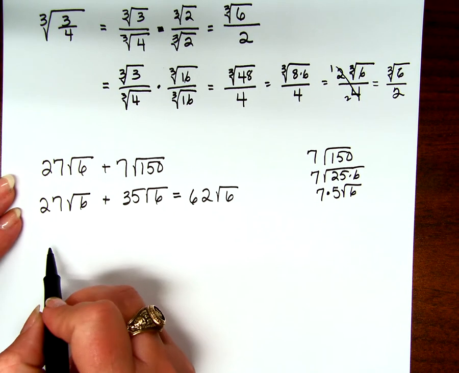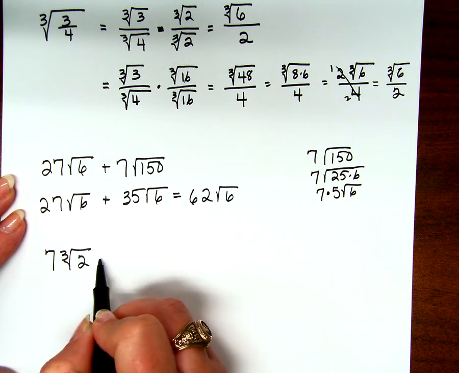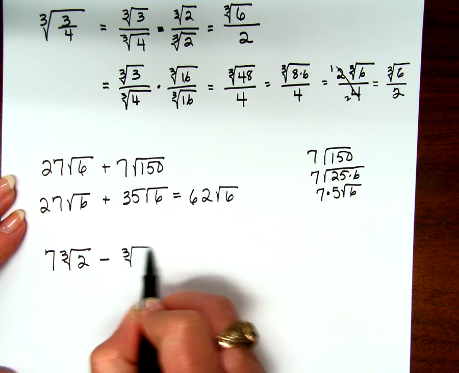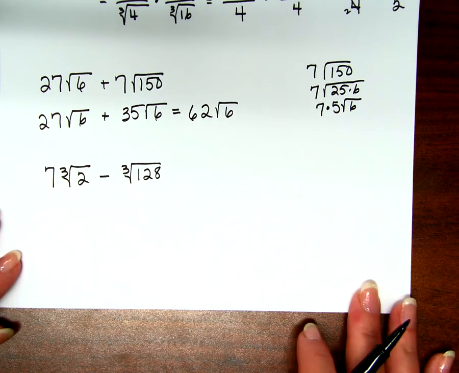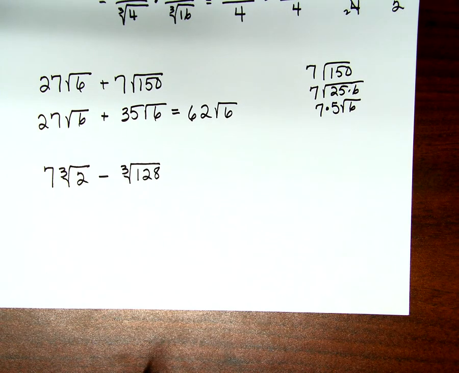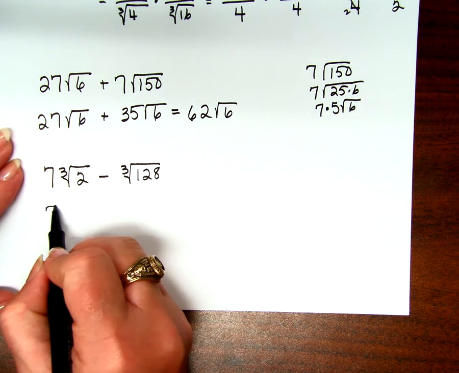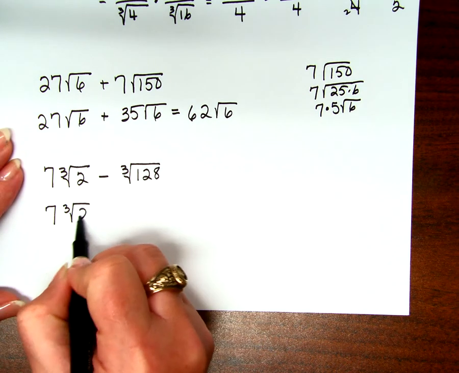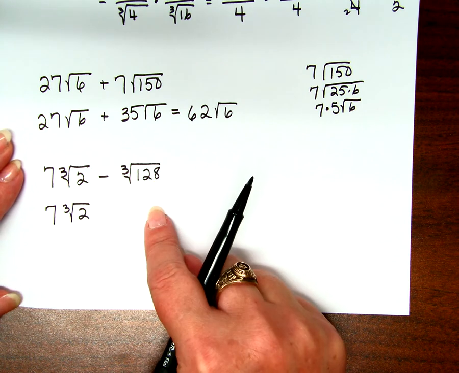What about this one? 7 cube roots of 2 minus cube root of 128. Can I simplify the cube root of 2 at all? No, so that's going to stay the same. In order for me to be able to do anything with this, what radical does this have to be? It has to be the cube root of 2, right?